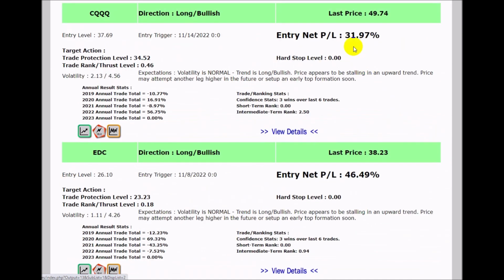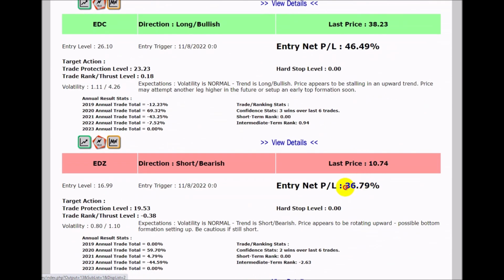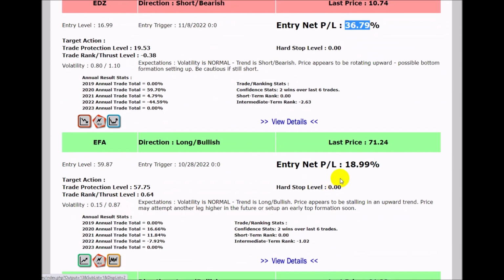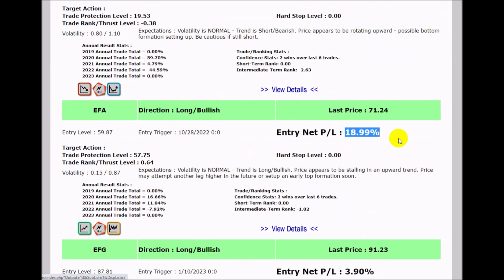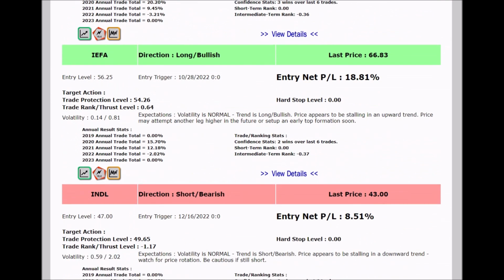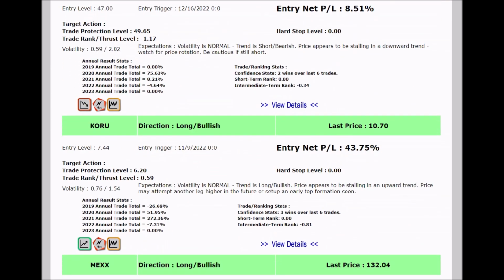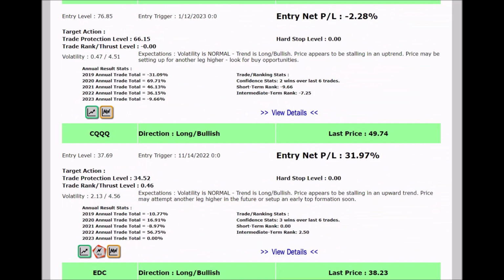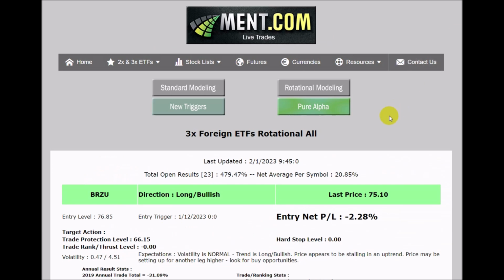You can see these numbers, 31%, 46%. I mean, break your trading across some of these foreign ETFs for the rotational modeling system, because remember, you're going to see some very big numbers, and they're just waiting for you out here. Okay, how do you get to them? It's very, very simple. I'll show you in the next section.